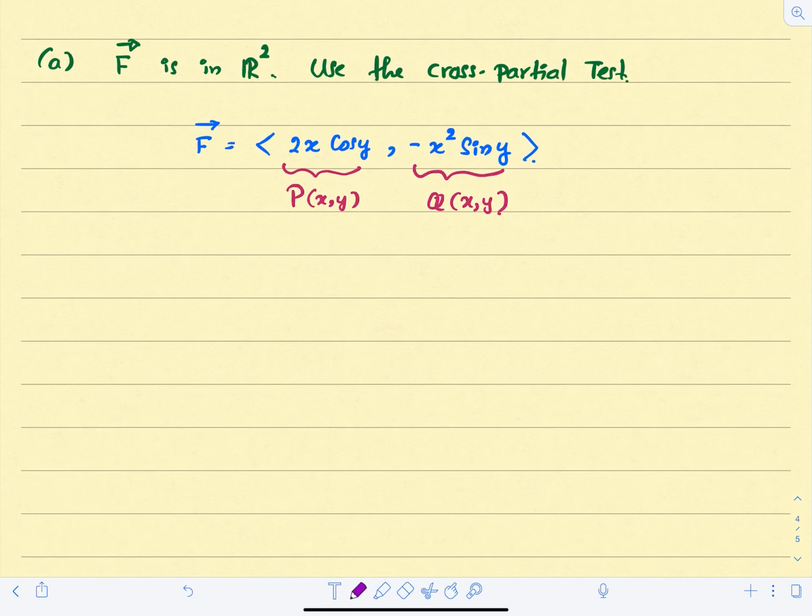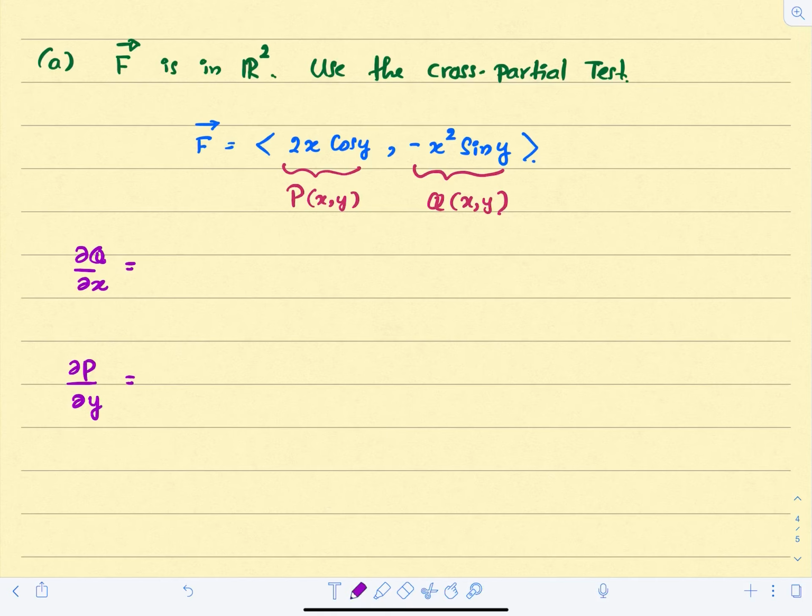Basically we want to calculate two things: partial Q over partial X and partial P over partial Y. These are the two things we need to calculate. Now if these two are equal, then our vector field F is conservative.